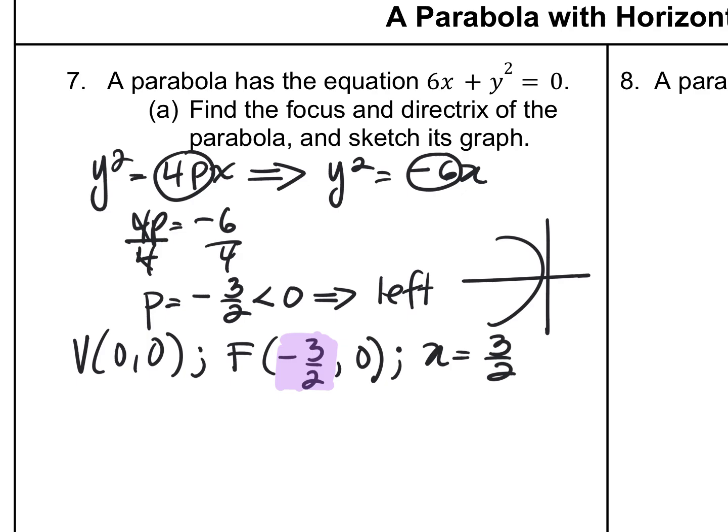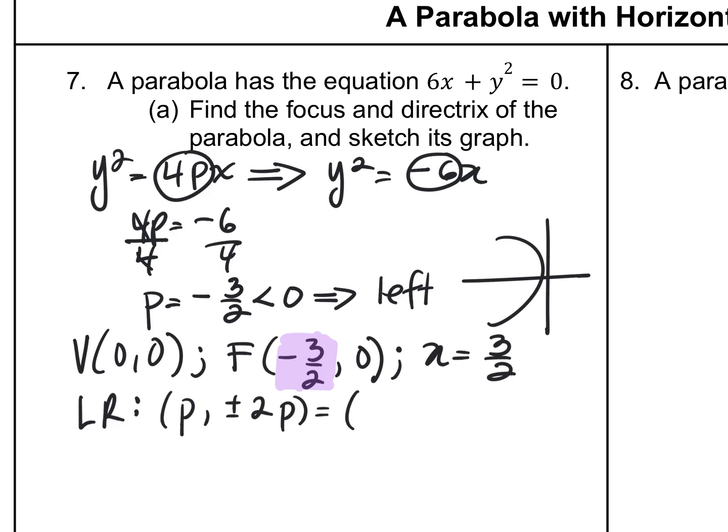Another thing that I would like to add in here is the coordinates of our latus rectum. The latus rectum is going to tell you how wide or how narrow your graph is going to be. That's going to be (p, ±2p). In this case, the value of your p is -3/2.